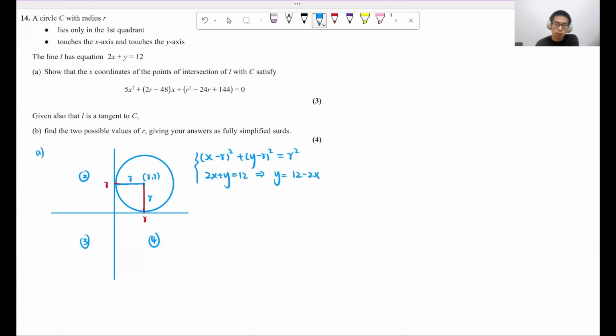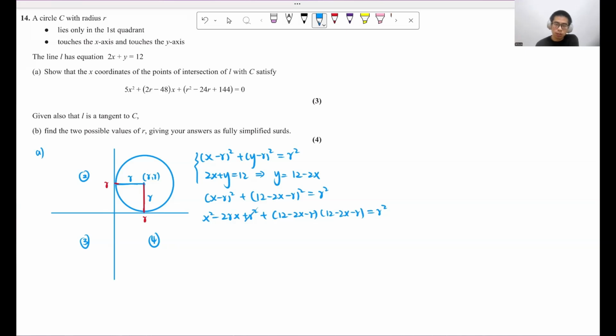If we substitute in, that gives us (x minus r) squared plus (12 minus 2x minus r) squared equals r squared. Expand the first one: x squared minus 2rx plus r squared. For the second one, I'm going to write (12 minus 2x minus r) times (12 minus 2x minus r) equals r squared.